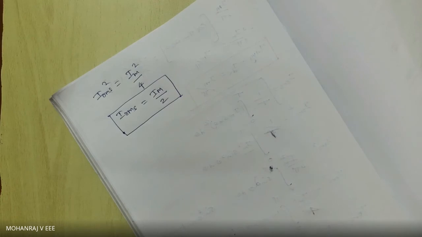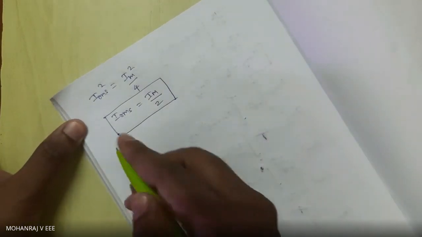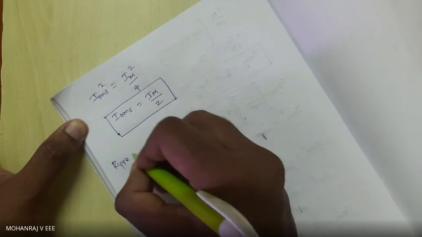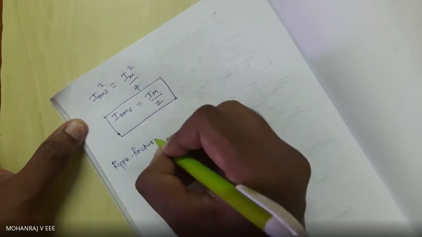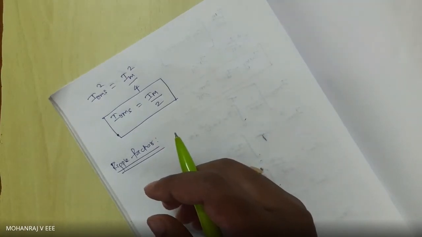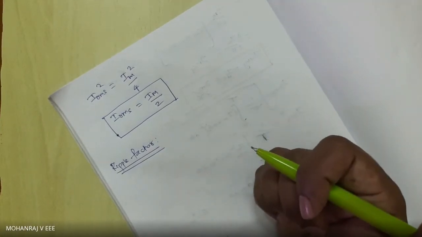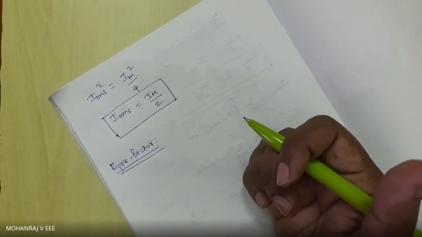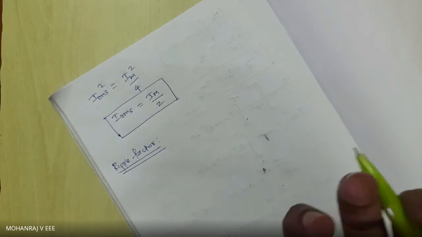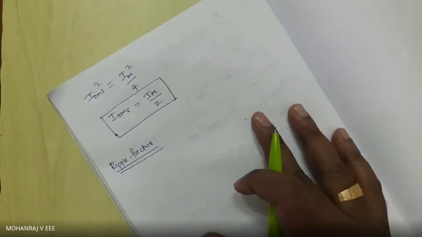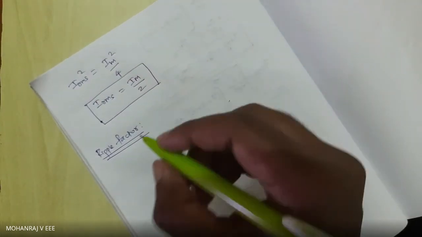Fine. Now we have to find a term called ripple factor for this half wave rectifier. What is actually ripple factor? Ripple factor will give the amount of error in the output. So what is this ripple factor?